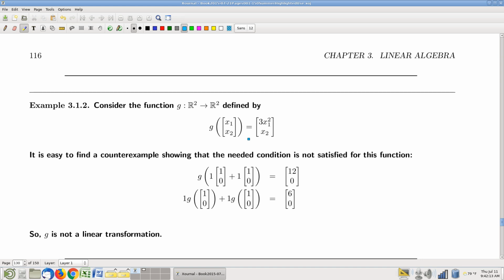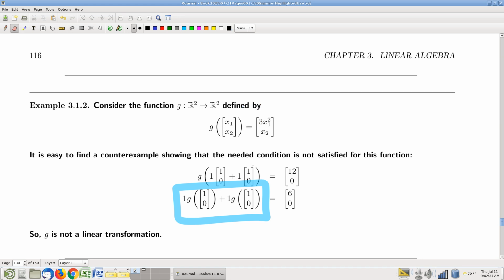If this were a linear transformation, these two things would have to be equal. Well, plug in. Not too much trouble to plug in. Plug in 2, 0 into that function g, and out comes 12, 0. Plug in 1, 0, and then do the appropriate linear combination here.